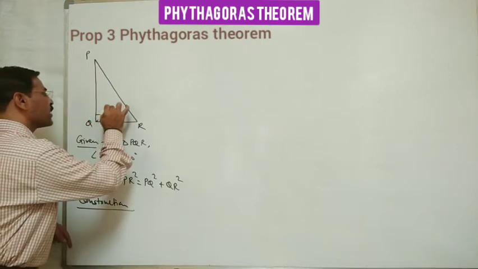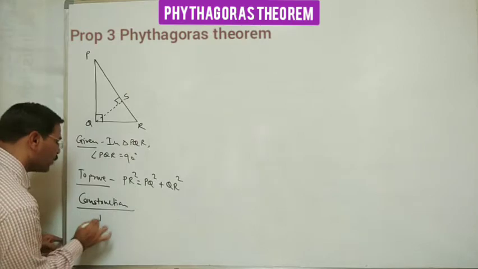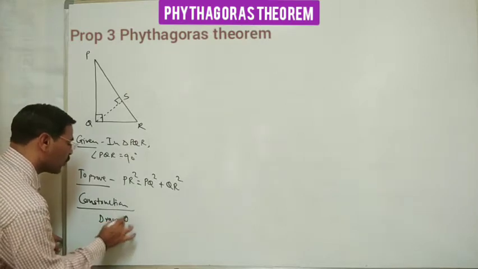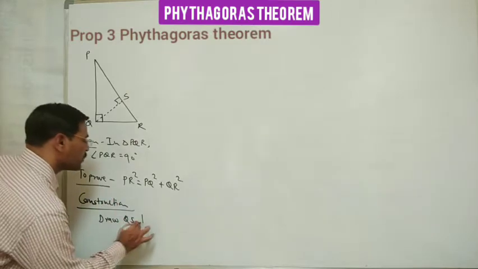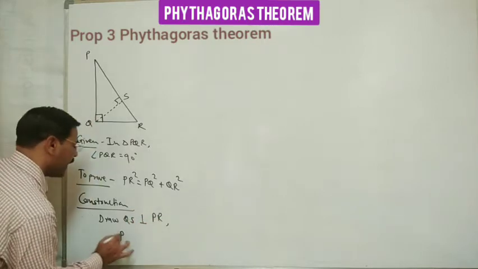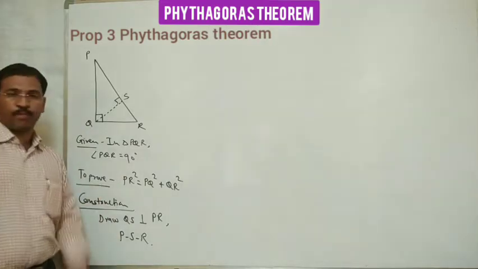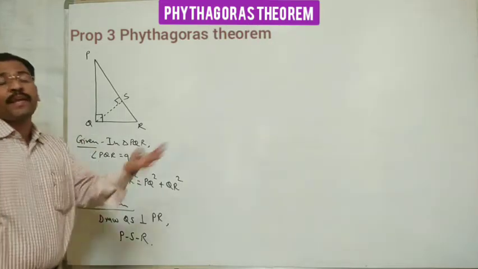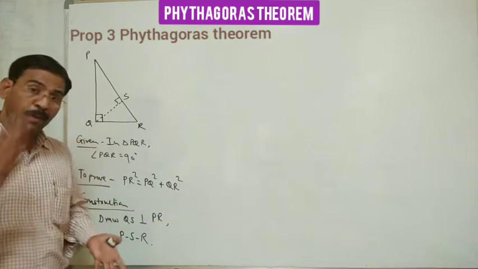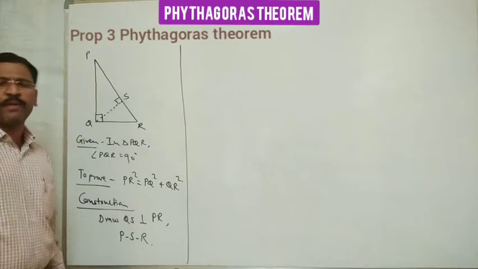Draw, it is construction, so draw by dotted line. Draw what? QS, which is perpendicular to PR such that P-S-R. Okay friends, this is very important. Because of this, now we can apply both the properties. But apply what we need, that only property we have to apply.